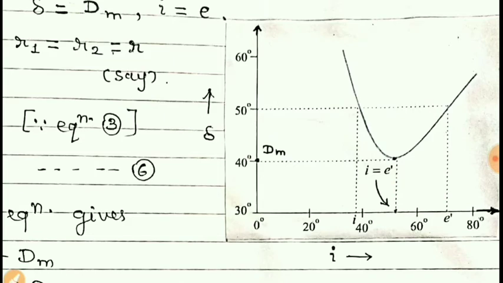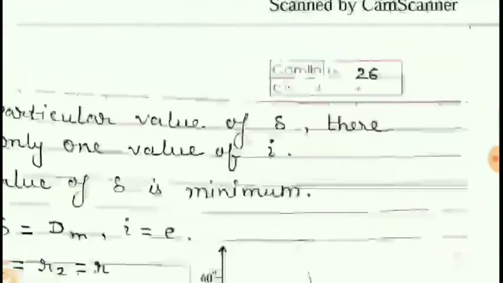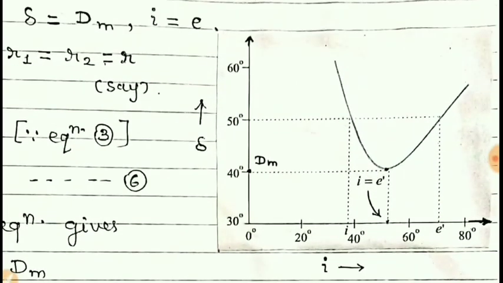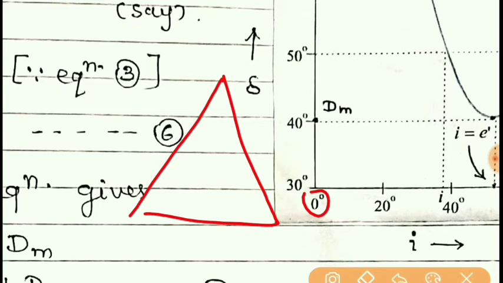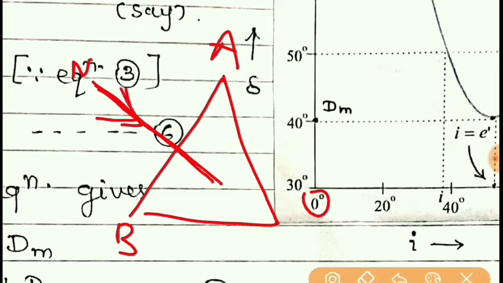Students, remember, when I say angle of incident is 0, this angle 0 means if this is a prism and if this is a normal at the surface AB, and the incident ray is also along the normal in the same direction, at that time incident angle is 0. Then suppose I want to make angle 20, then this is the incident ray, it makes an angle 20.